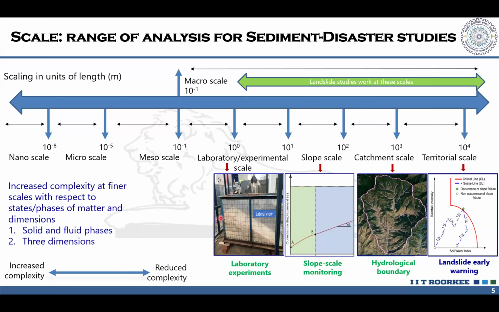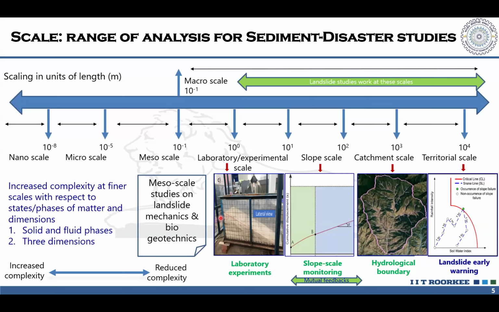There is another scale that advanced geotechnical laboratories across the globe are into, that is the mesoscale studies on biogeotechnics. My group is not into this biogeotechnics, but many studies are looking into biostructural mitigation practices for slope stabilization. That's not going to be part of my presentation. I'll be talking about the scales from the laboratory to the catchment.